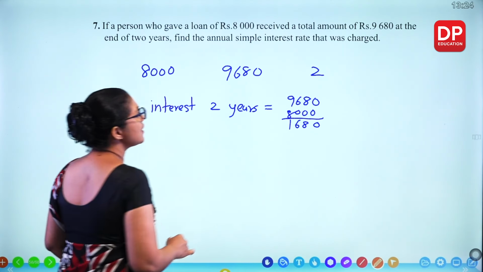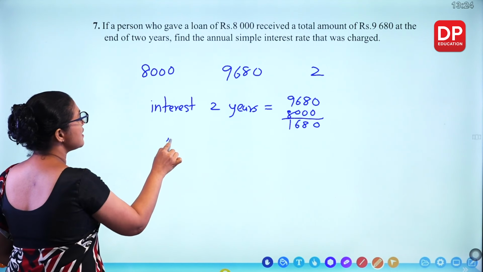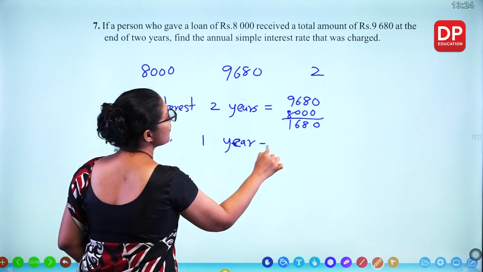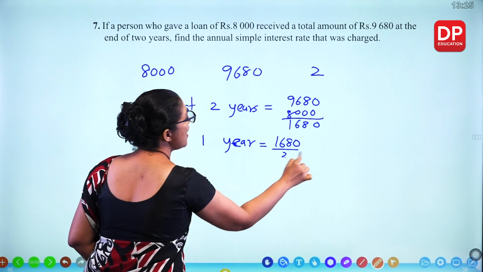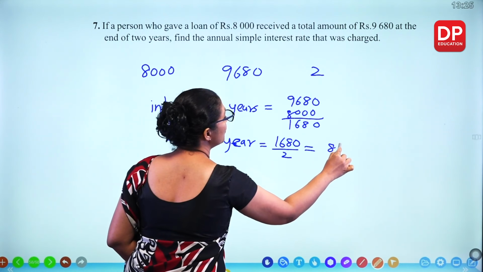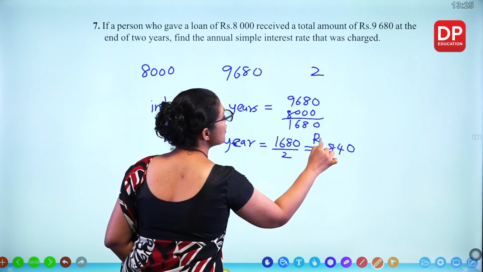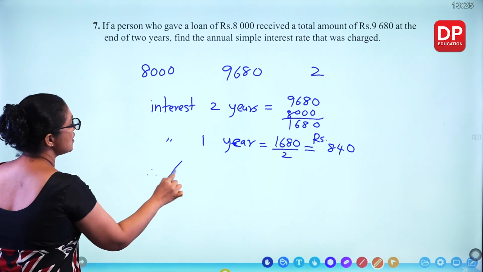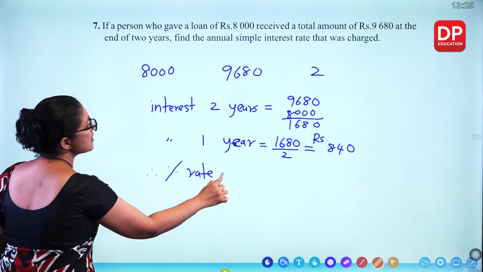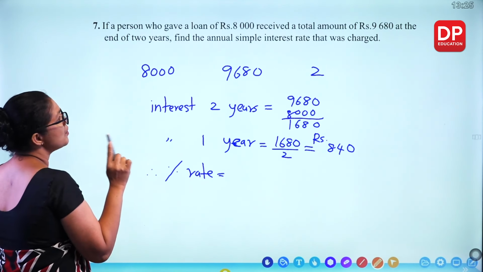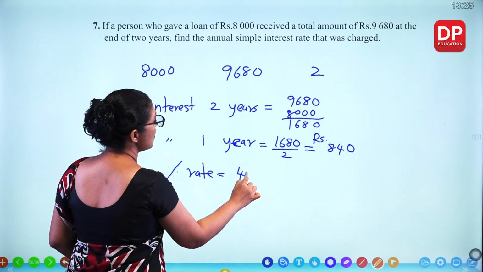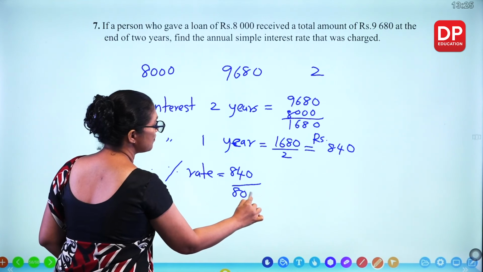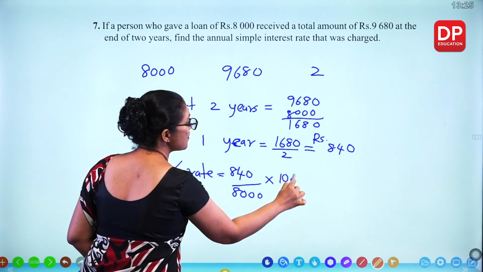You get 1,680. So what's the interest for 1 year? 1,680 divided by 2. You get 840 rupees. So that's for 1 year. So what's the percentage simple interest rate? Annual interest rate is 840 over 8,000 multiplied by 100.